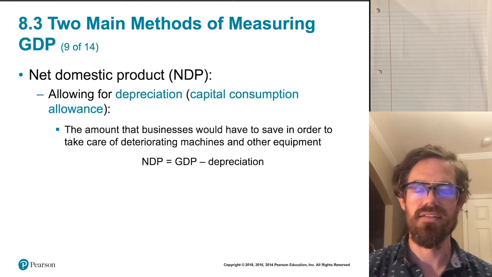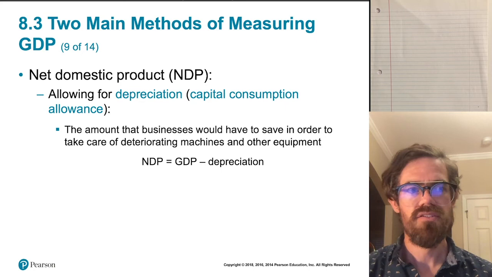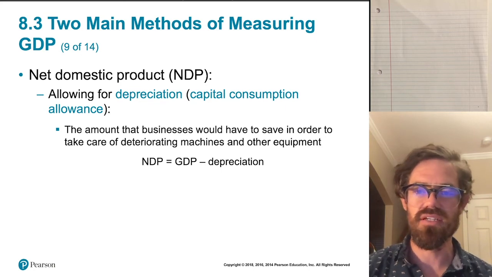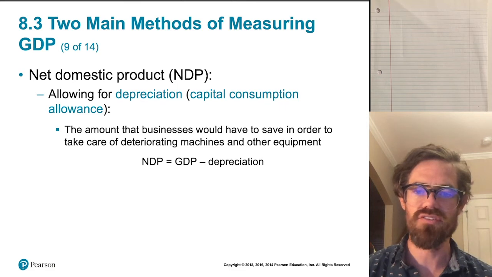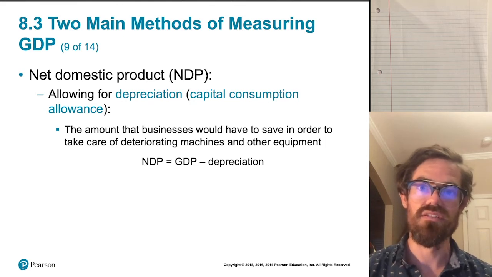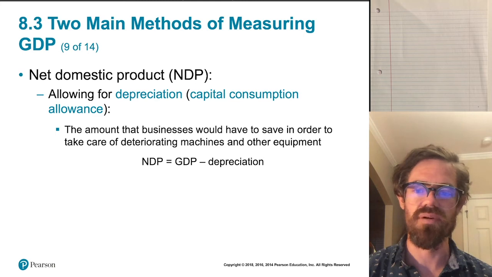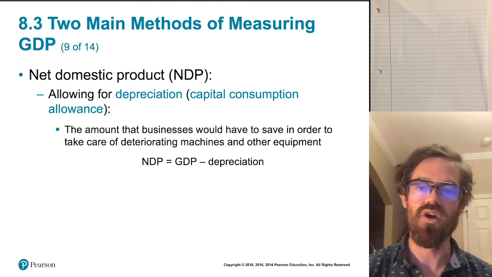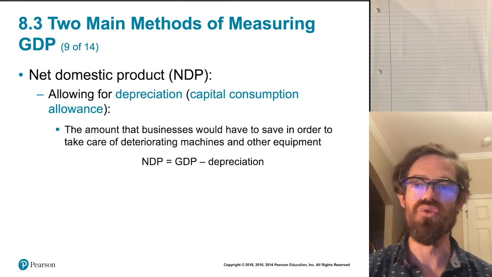Let me go into this a little bit more. Machines and buildings, things that businesses use to produce goods and services, deteriorate over time through use. That's what depreciation is. And we can measure it as a dollar value by looking at what it would cost to repair it to its original new state.